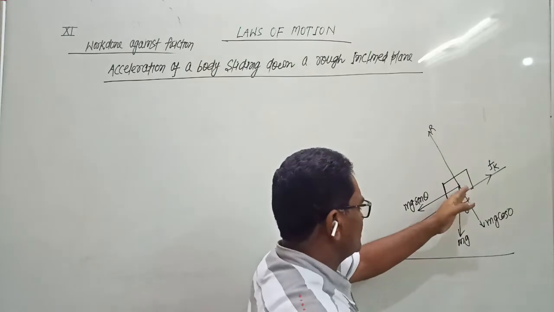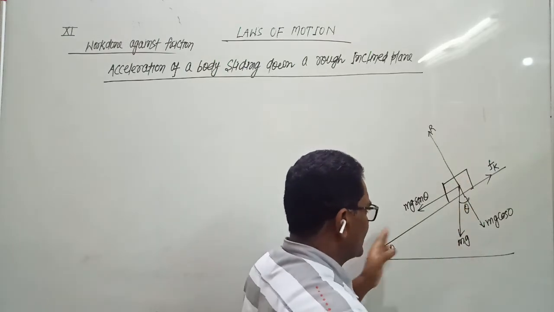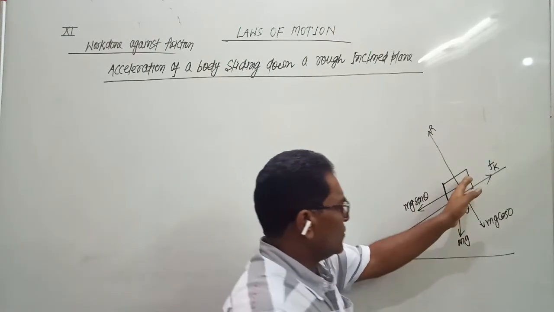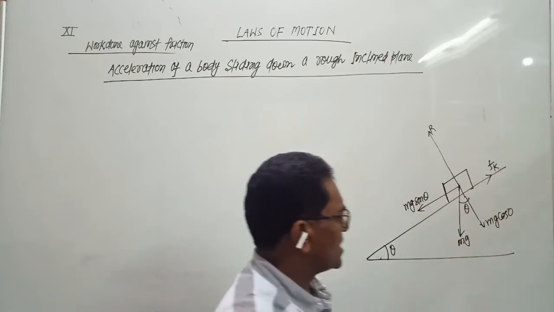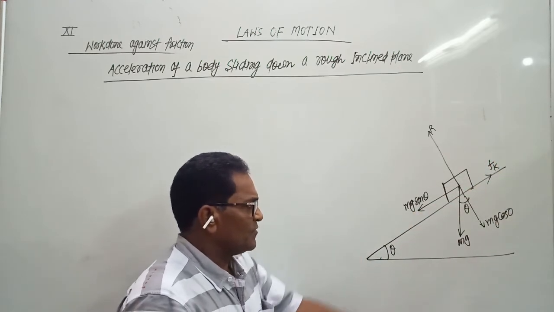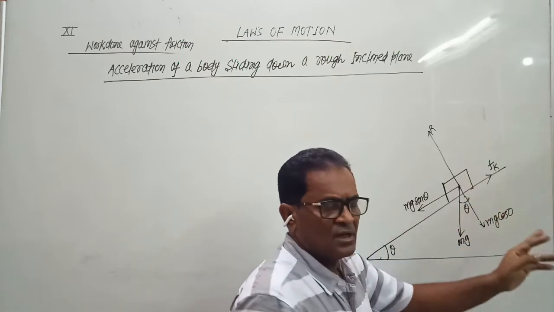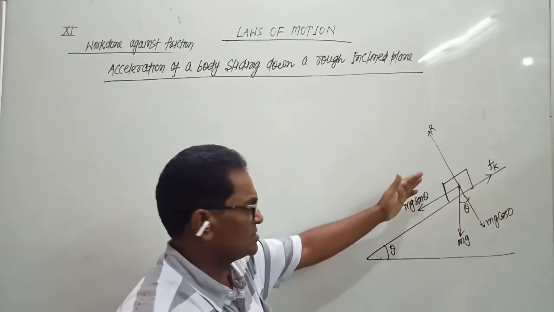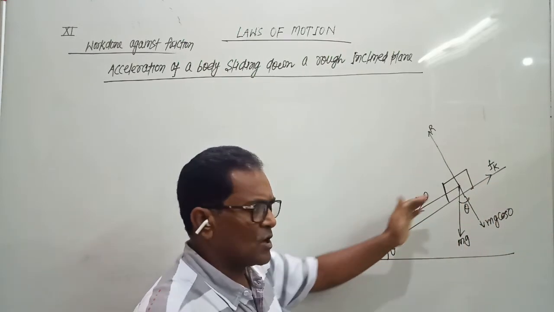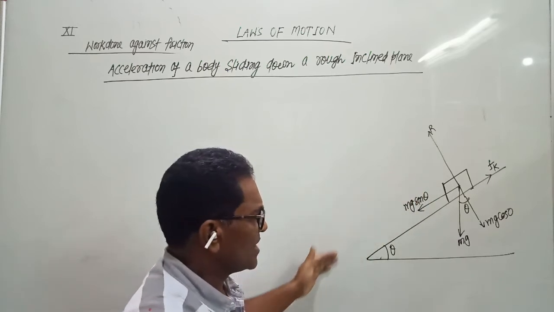Now the body is moving in the downward direction and the force of friction acts in the upward direction. Therefore the direction of the resultant force is forward, because the body is moving forward.